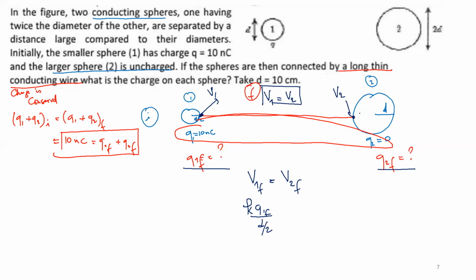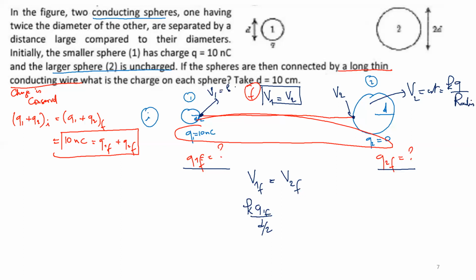Now, what is V2 final? Of course, this is a conducting sphere as well. The electric potential is constant here also, and it is equal to KQ divided by the radius.